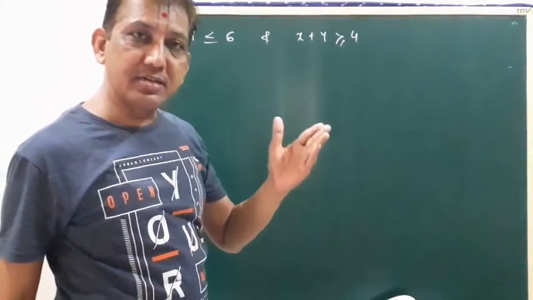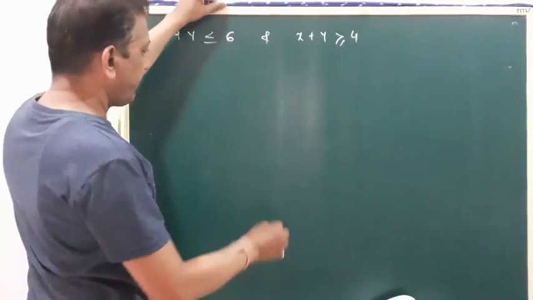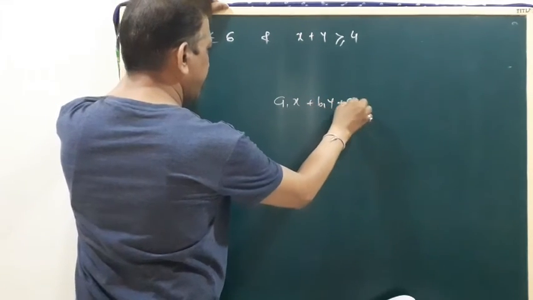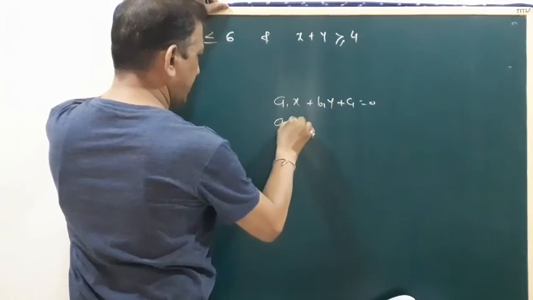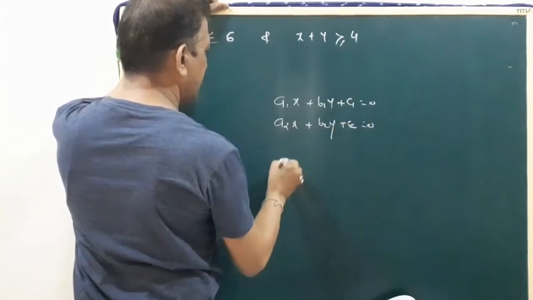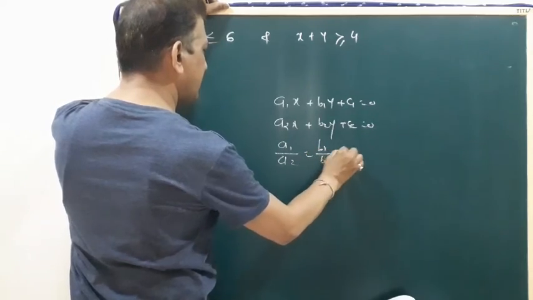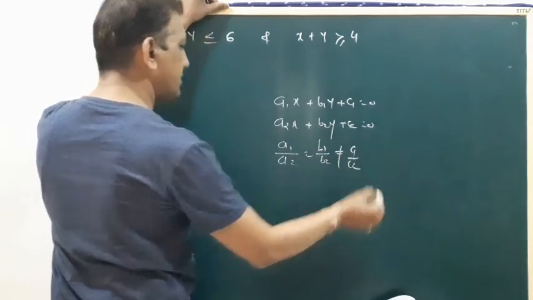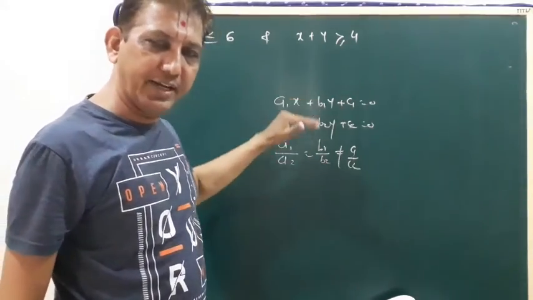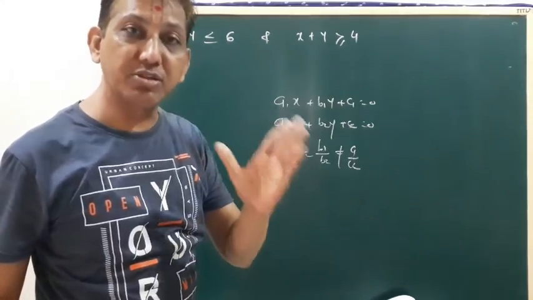Remember your 10th standard Cramer formula, cross multiplication method. Remember a1x plus b1y plus c1, a2x plus b2y plus c2. If the ratio a1 upon a2 equal to b1 upon b2 is not equal to c1 upon c2, whenever this condition is satisfied, the two lines are always parallel, intersection null set.